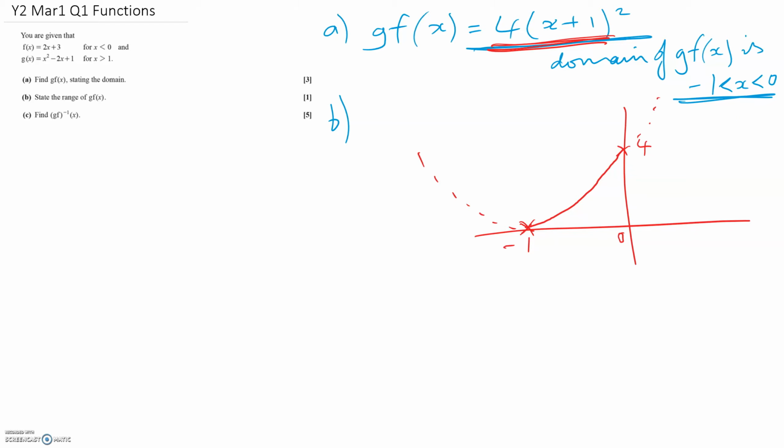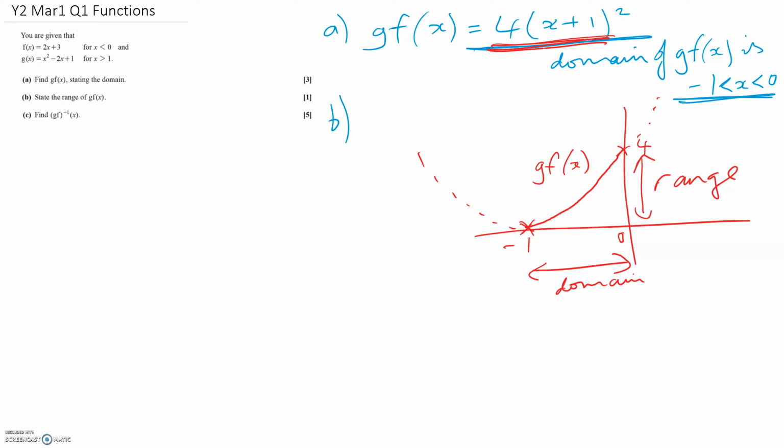Okay, so this is the graph of g f(x), and you can see that the domain is here, but we already knew that, and the range are the y values here, and the range is between 0 and 4.